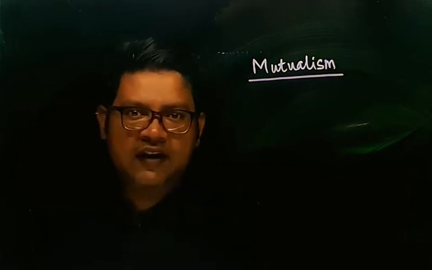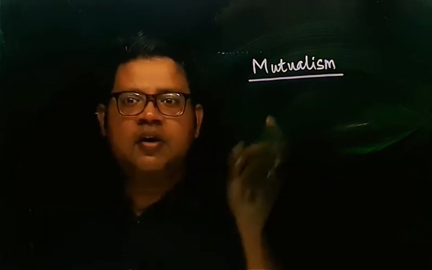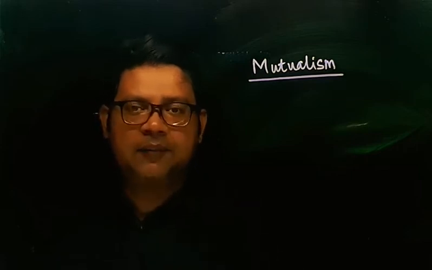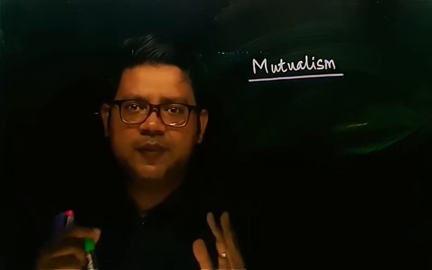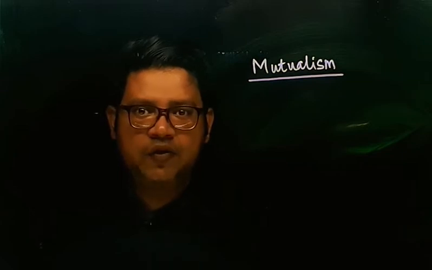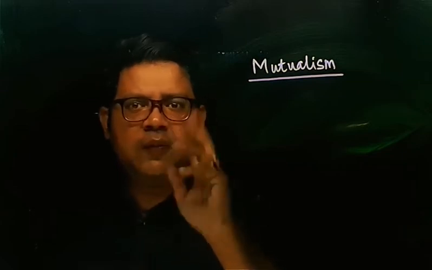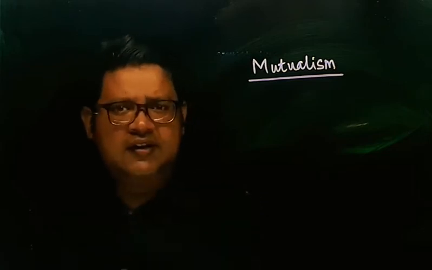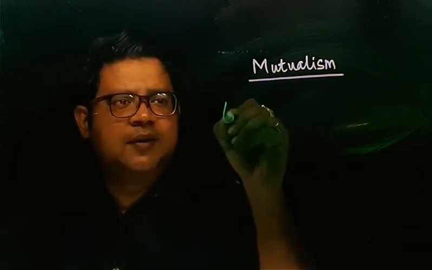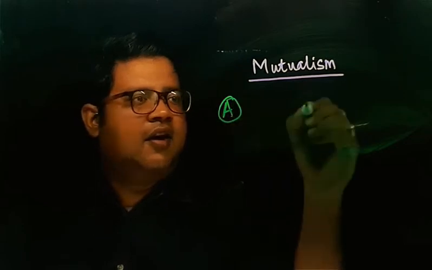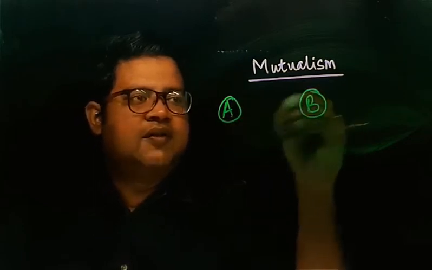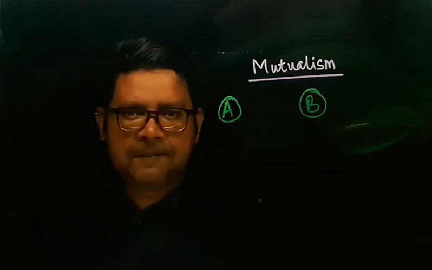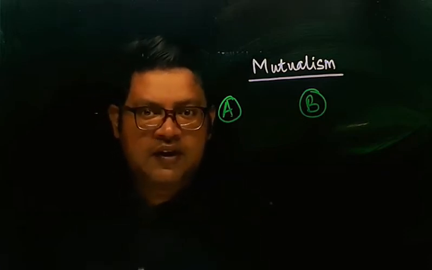What I have said is that mutualism, commensalism and parasitism are interspecific interactions. That means there is involvement of two different species. So, first let me write down the two species. Let us imagine this is species A and species B. Now, what is mutualism?